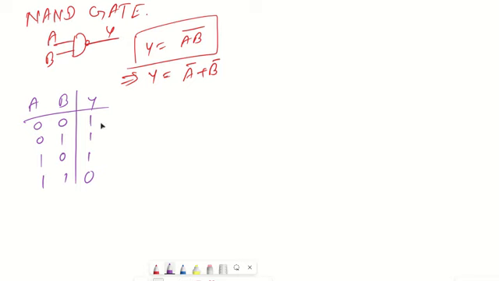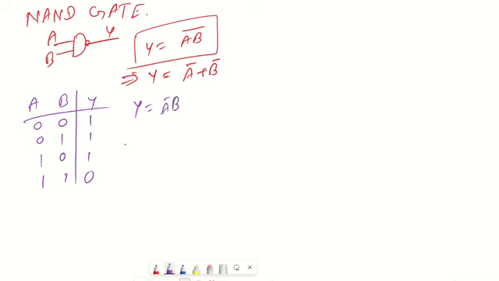Now we can see here my Y can be written in terms of min terms. So Y can also have another expression for NAND gate. Wherever you are seeing 1, this can be written as A bar B bar plus A bar B plus A B bar. So this will be the expression for NAND gate.